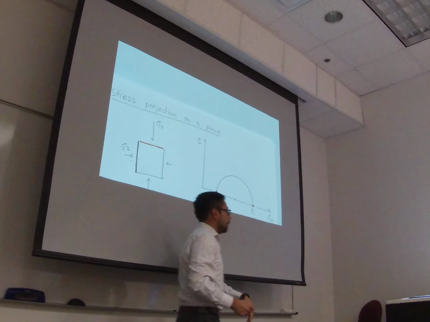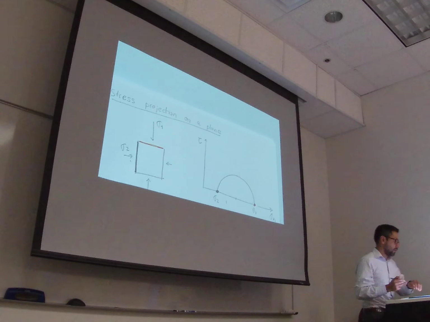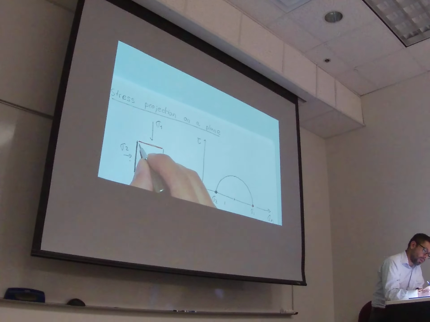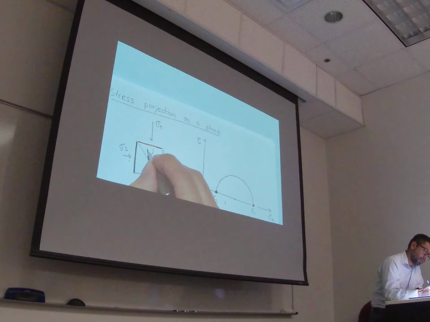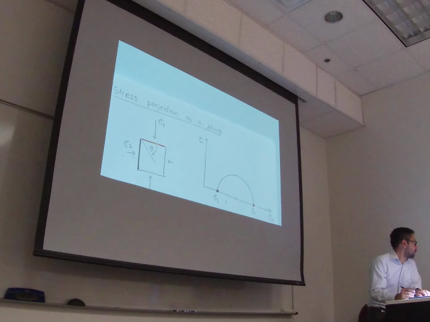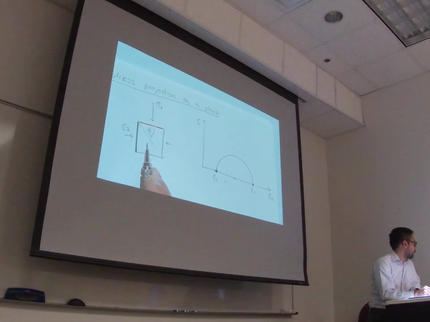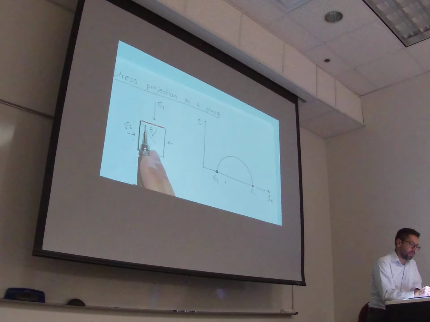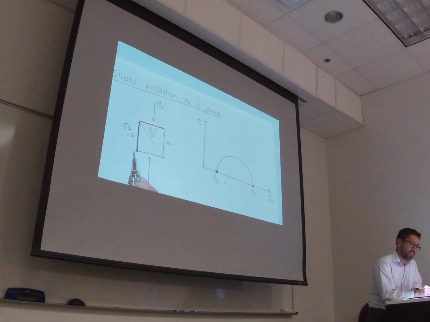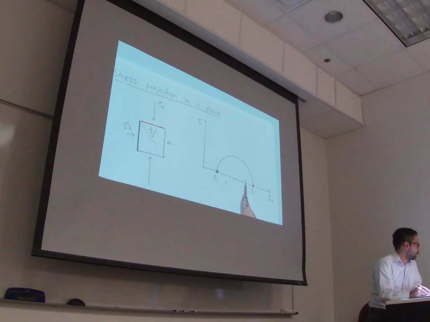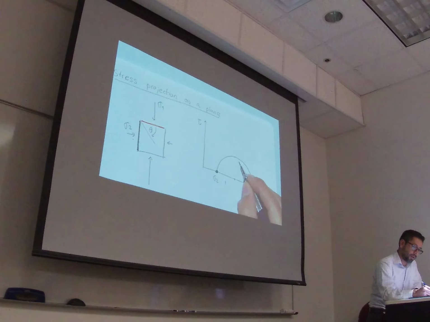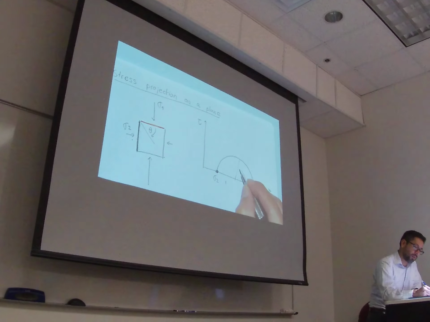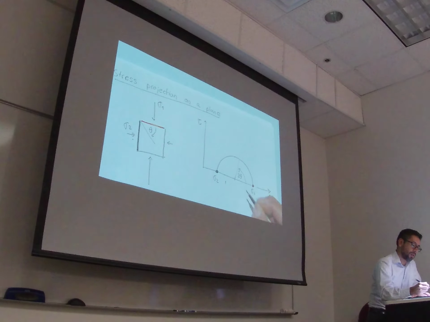So if I go an amount, let's say theta, from here to there, going from the plane of sigma 1 to the plane of sigma 2, in the Mohr circle, that's going to be equivalent to going an amount 2 theta.